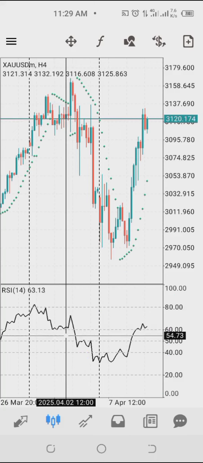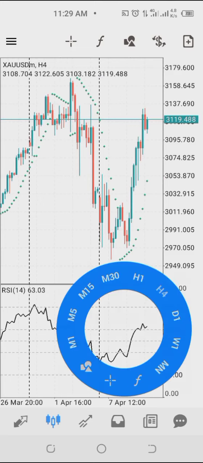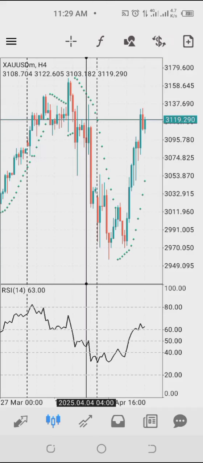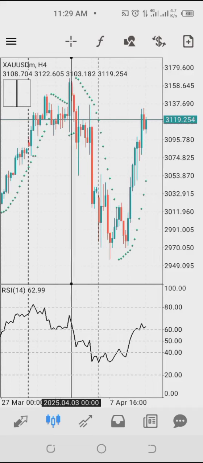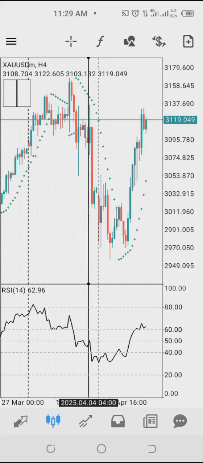Now how does this strategy work? Believe me, this is a very, very simple strategy. All I need to do is go over to the parabolic SAR. I want to take a sell setup, so on my H4 time frame I will look at the parabolic SAR. When the parabolic SAR is dropping, then you know that you're on a sell on that time frame.